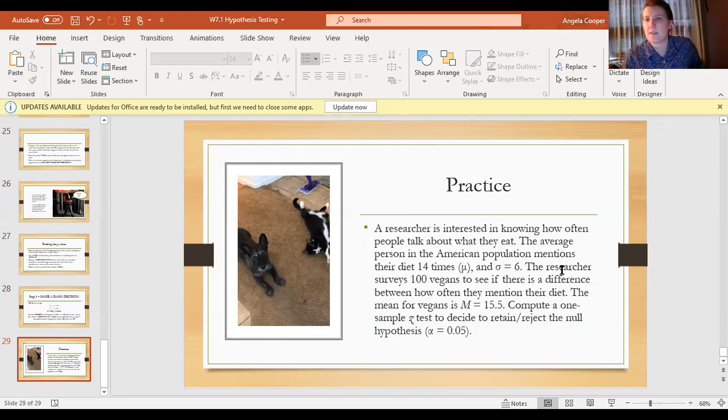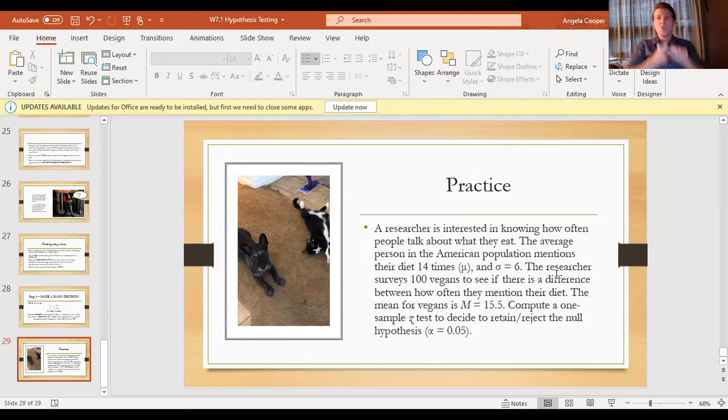Compute a one sample z-test, which we've been doing, to decide to retain or reject the null hypothesis. There's our level of significance right there. So alpha equals 0.05. Okay. So now let's get started.